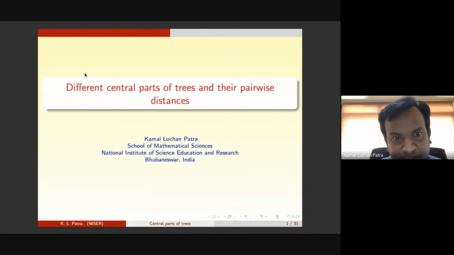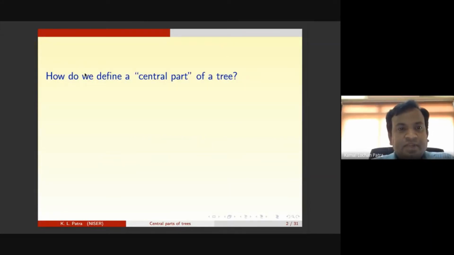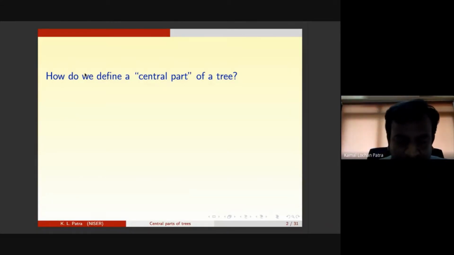So we need to first understand what exactly central parts of a tree means. So the question is, how do you define a central part of a tree? If you consider a tree on n vertices, n greater than or equal to 3. If n is less than or equal to 2, with one vertex, it is just a vertex. If it has two vertices, it's just an edge with two endpoints.